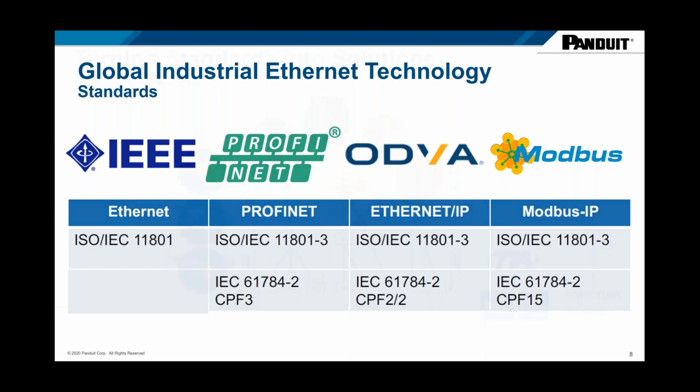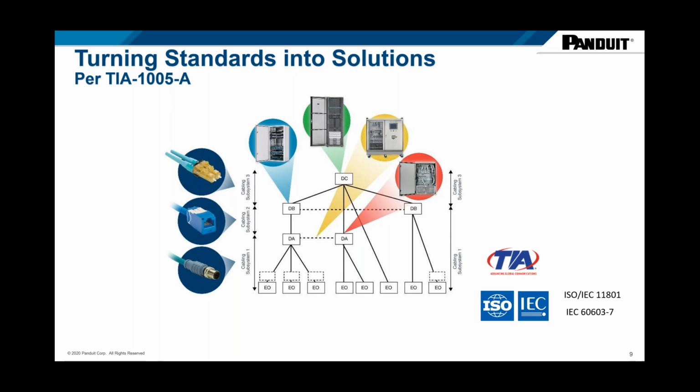So as we take the standards and we start to correlate them into the product solutions that are used out on the plant floor, what we can do is we can take that 1005A model, which we have in the background, and then we can build our solution based on that model, right? And we can also address those M.I.C.E factors. As we go down in this model, closer to the edge, the more the M.I.C.E factors come up, the more we need more industrial rated solutions.